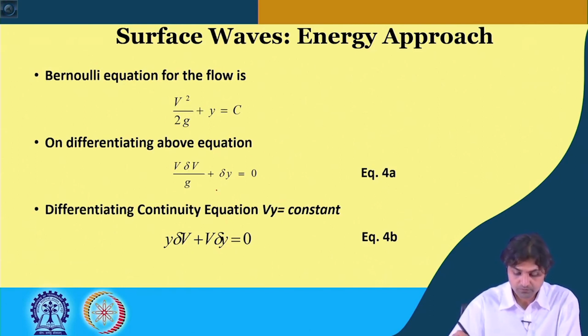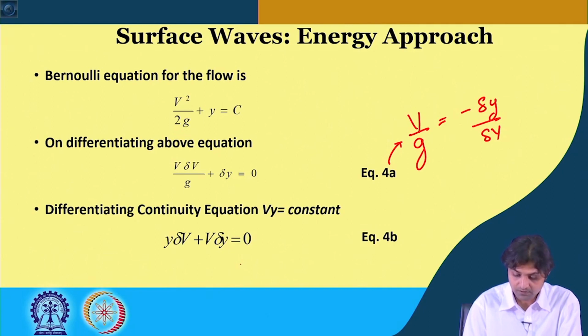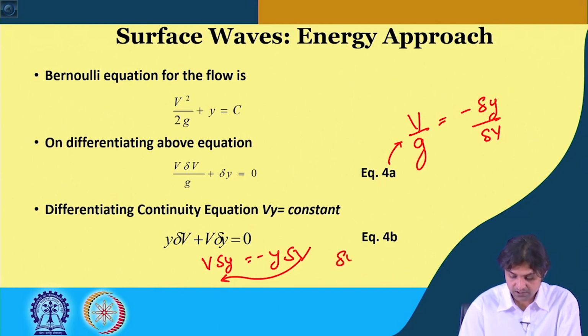From 4a, V by G is equal to minus delta y by delta V. And from 4b we can write V delta y is equal to minus y delta V, and if we bring this down, it becomes delta y by delta V is equal to minus y by V.